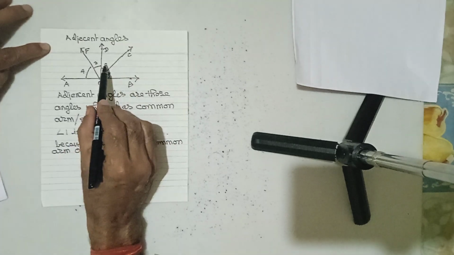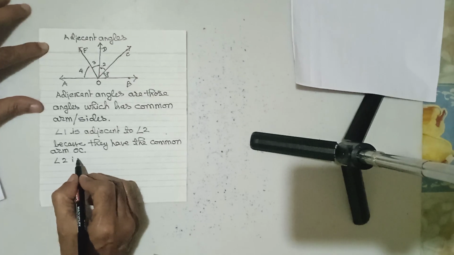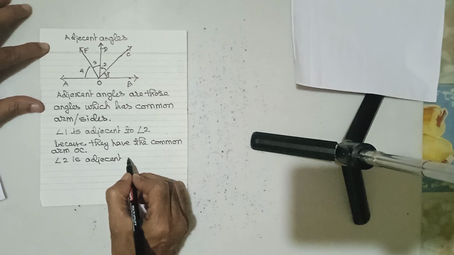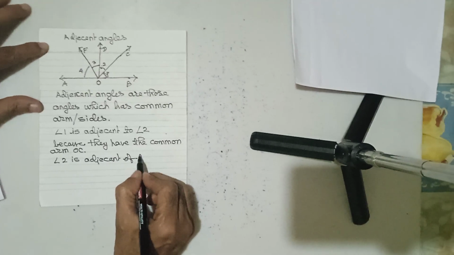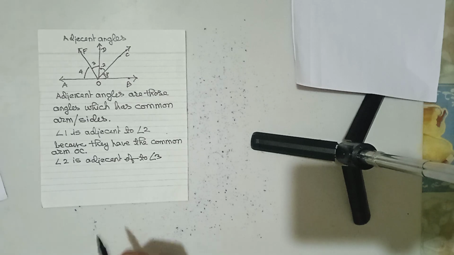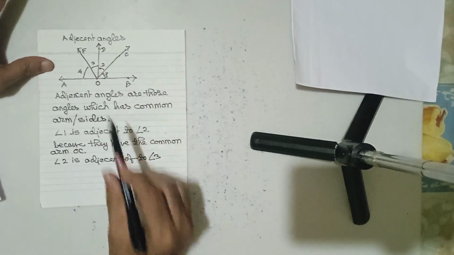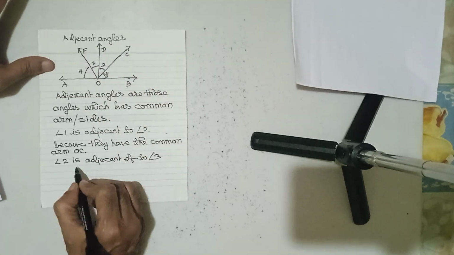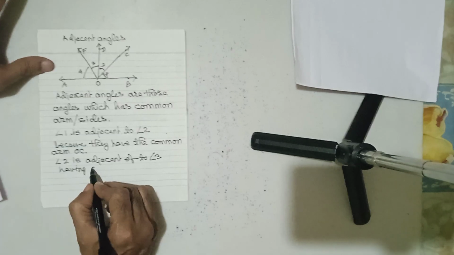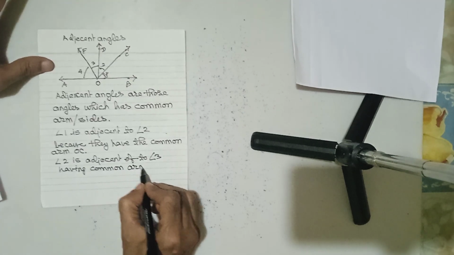Similarly, angle 2 is adjacent to angle 3. And why? Because angle 2 and angle 3 have the common arm OD.